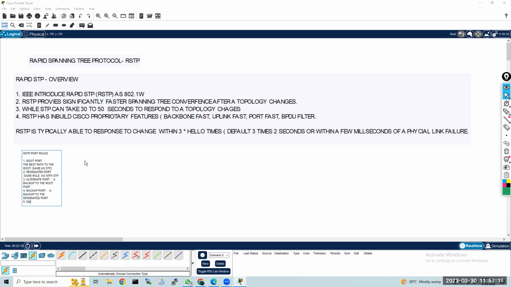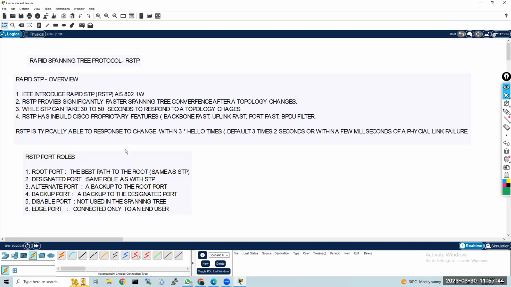So what is a disabled port? Not used in the spanning tree. What is an edge port? An edge port connects to the host, connected only to end users.